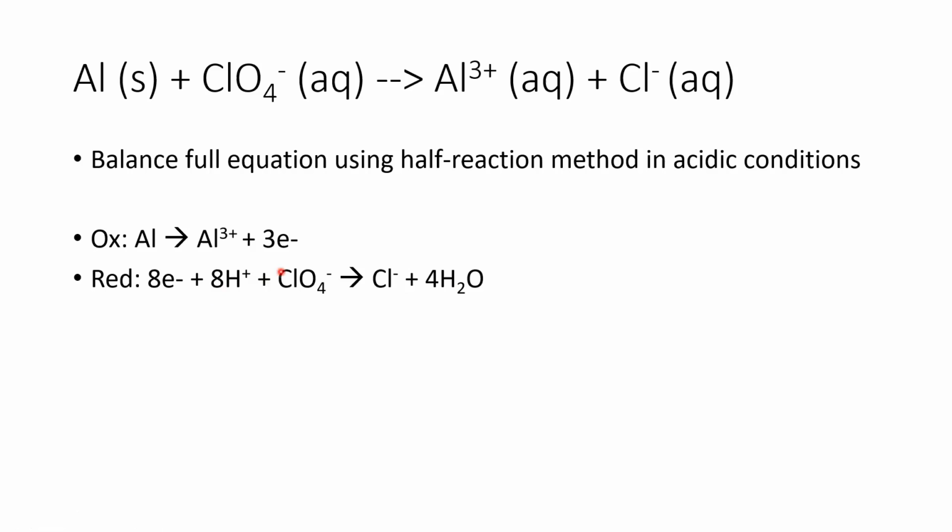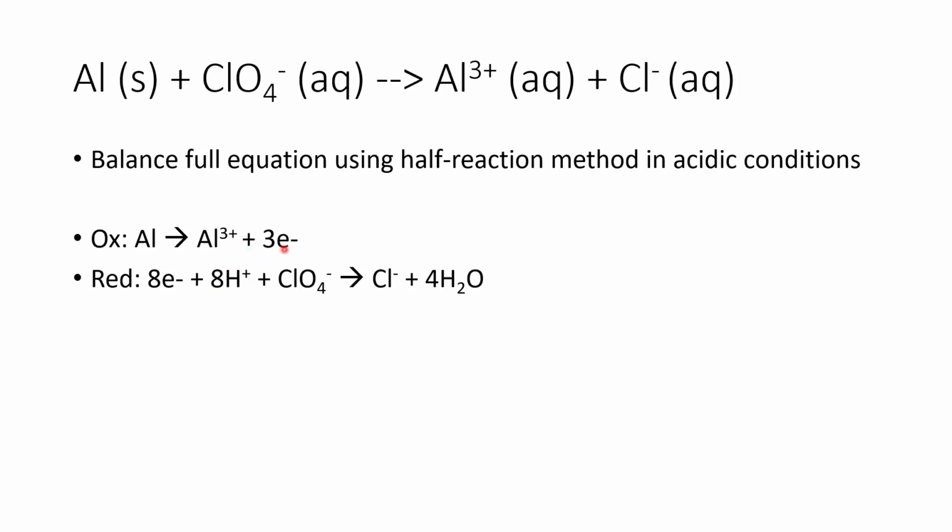And that makes sense because if we think about the oxidation numbers again, plus 7 to negative 1, chlorine's gaining 8 electrons. Exactly what we're showing in this half reaction now. But now that we have each of those half reactions, we need to be able to add them up. Whatever electrons chlorine's gaining, aluminum has to be losing.